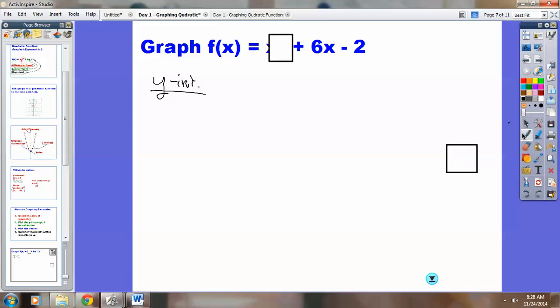And I like to abbreviate that a little bit. AOS, axis of symmetry. And remember, there's a formula for that. x equals the opposite of b divided by 2a. Okay, so you're probably like, well, what's a, b, and c?